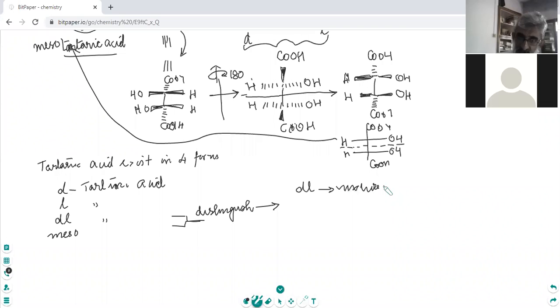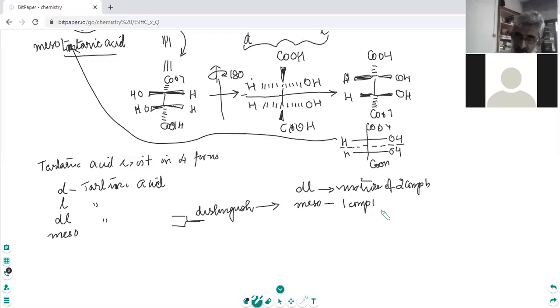You have studied from the basics of chemistry the difference: meso is a compound. Meso is one compound. DL is a mixture of 2 compounds. Okay.